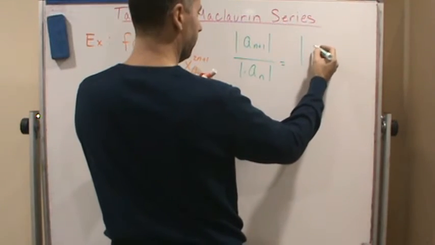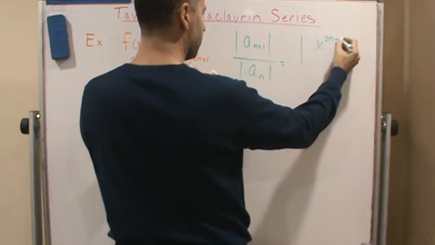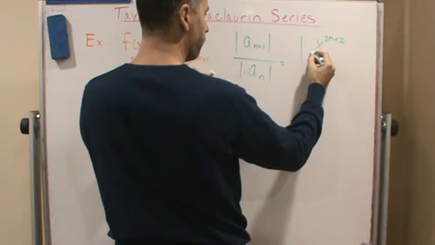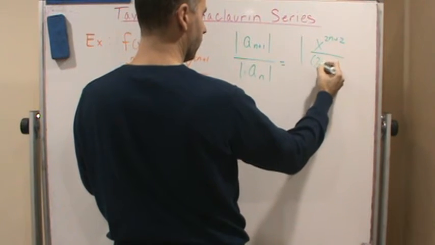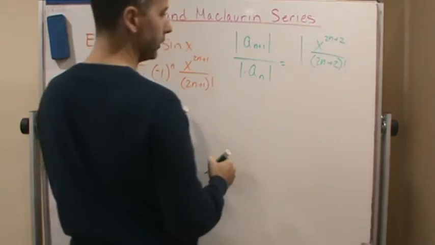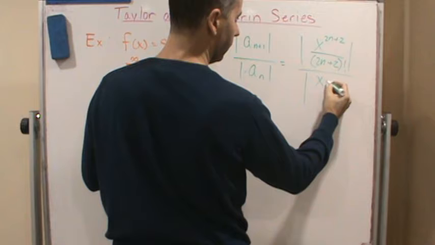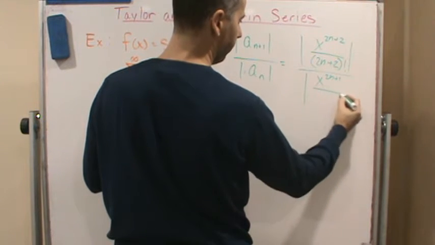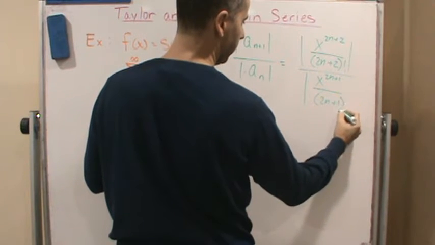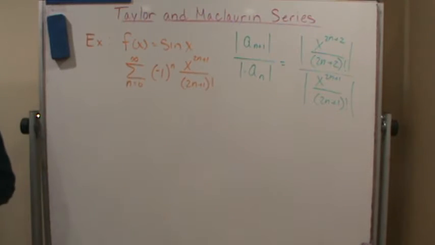So we're going to end up with x to the 2n plus 2 over 2n plus 2 factorial divided by x to the 2n plus 1 over 2n plus 1 factorial, right? Oh, wait a minute, I'm sorry.